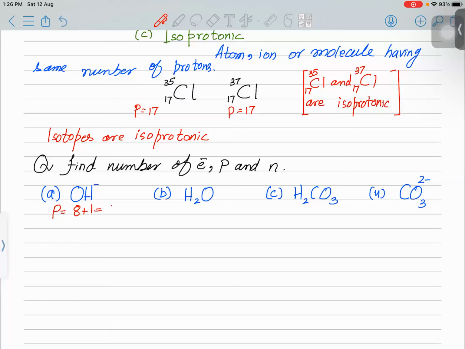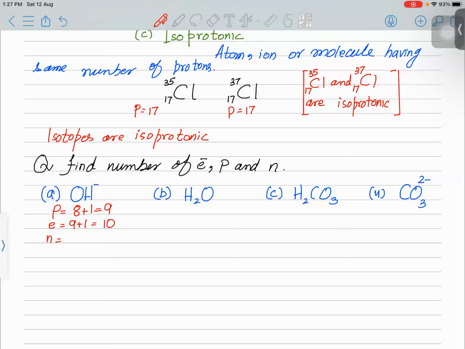So the total is 9. Whenever you have a negative charge, it means add an electron. So 10. So always first find the number of protons, then look at the charge. If negative charge, then add. If positive charge, then subtract.